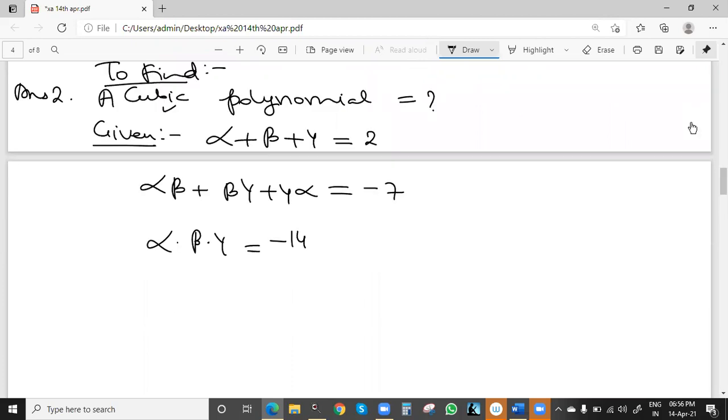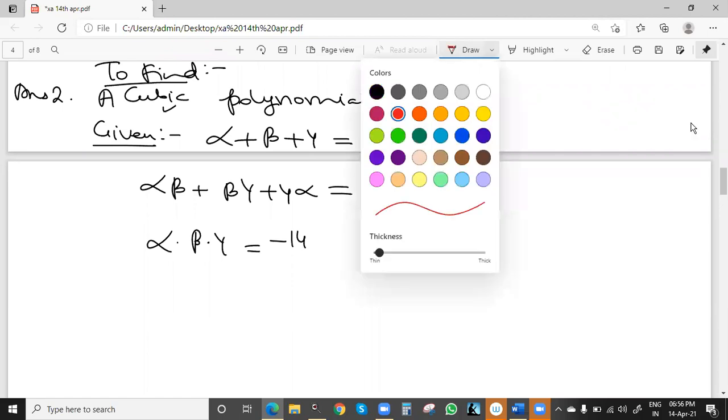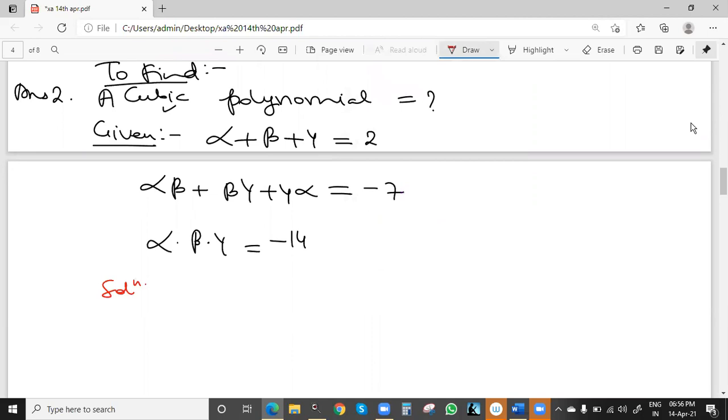Now we can start solving, means we can write the solution. So how can we proceed? See, we just have to put the values.